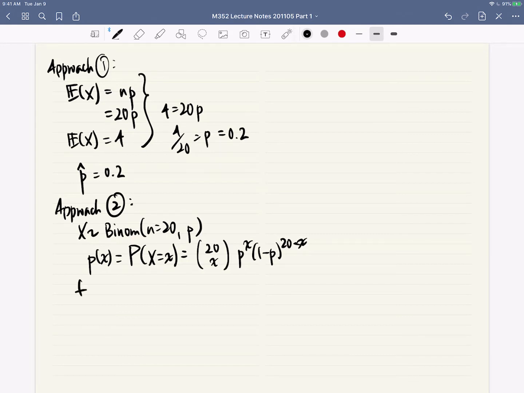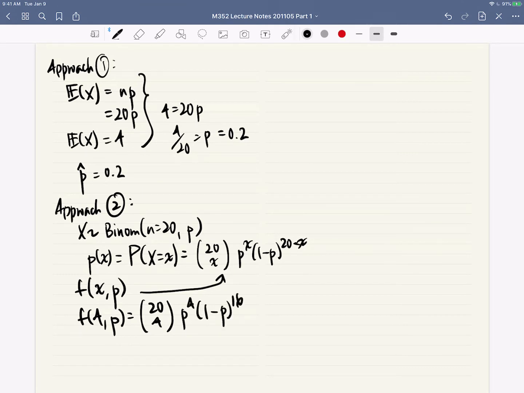So we're going to define this function f of x, p, which is this thing here. Look at both x and p as variables. We have observed x equals 4, so in the case when x equals 4, our function is 20 choose 4, p to the 4 times 1 minus p to the 16.